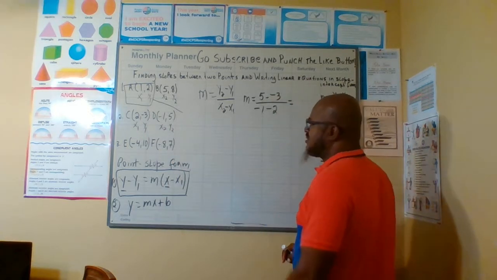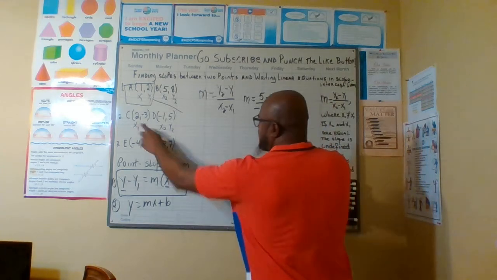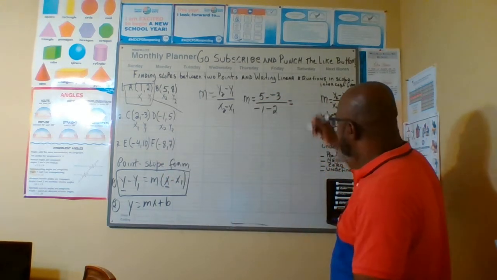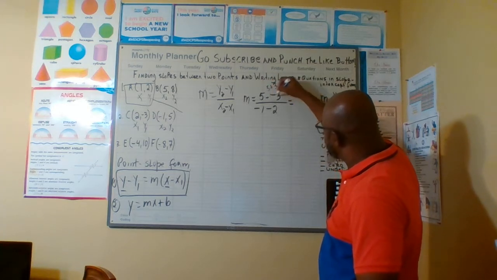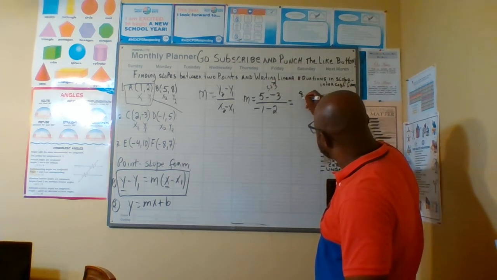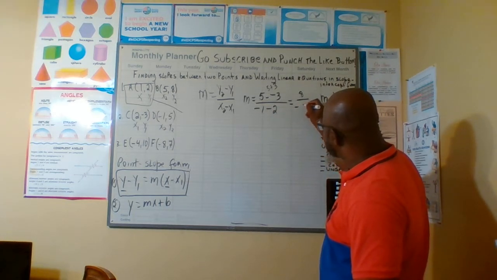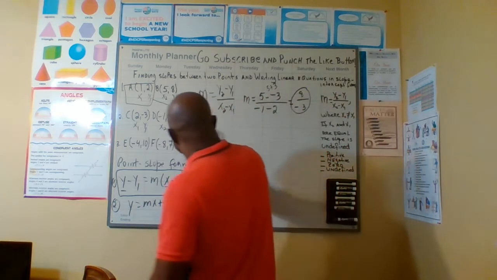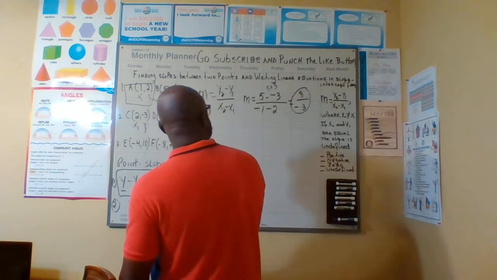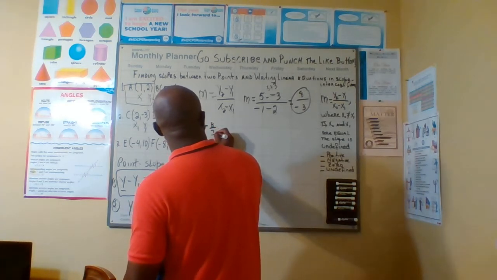The second part is my x2, which is negative 1, minus 2. It looks okay. So you will end up with 5 plus 3, which becomes 8, over negative 3. The signs are the same, so you add them and keep the sign. This is my slope: negative 8/3 is my slope.